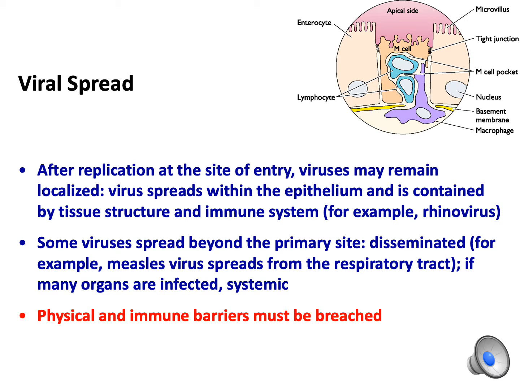And for that to happen, physical and immune barriers have to be breached. So there are some viruses that might replicate in the epithelium and stay very localized and spread back through the respiratory tract. Measles virus spreads from the respiratory tract, ultimately infecting multiple organs.